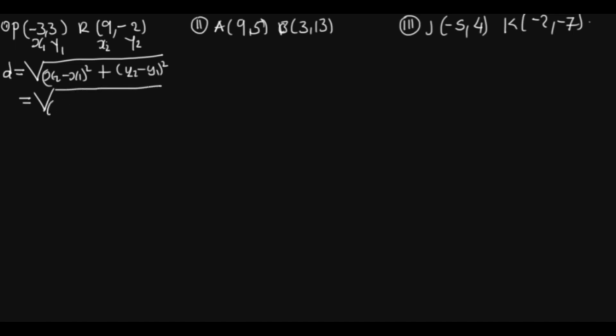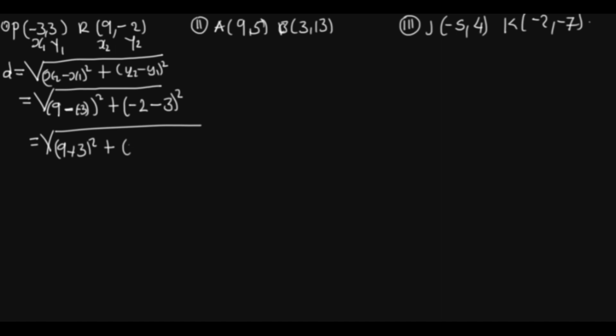The x2 is 9 minus the x1 which is -3, squared, plus the y2 which is -2 minus the y1 which is 3, squared. So 9 minus -3 is 9 plus 3, squared, plus -5 squared.